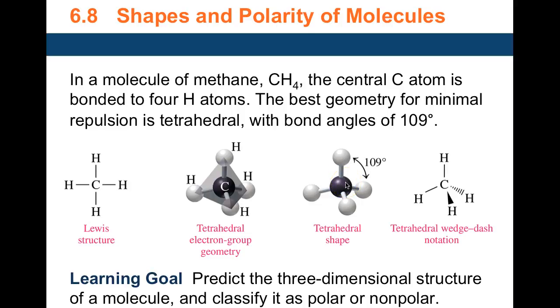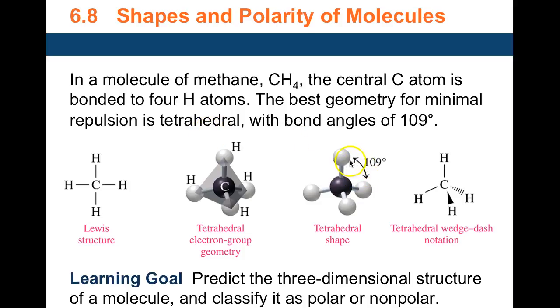Each bond is made up of 2 electrons, so if they're too close, there's going to be a lot of electron repulsion. So you want these bonds to be as far apart as possible to minimize those electron repulsions. The best geometry possible to minimize repulsion when you have 4 single covalent bonds is the tetrahedral shape.